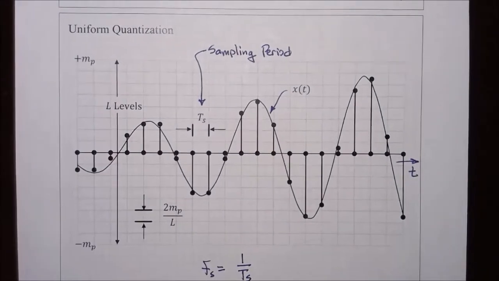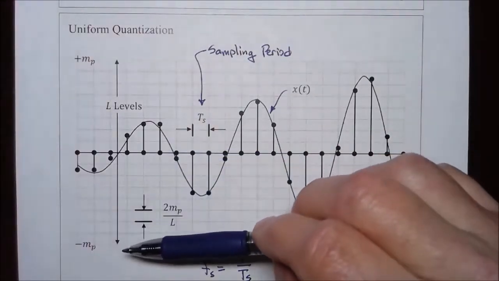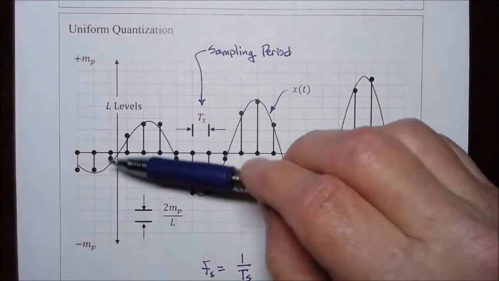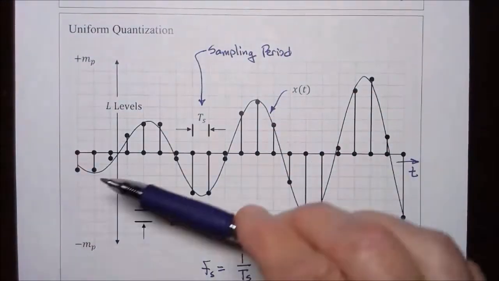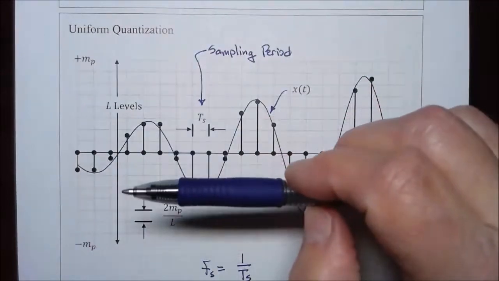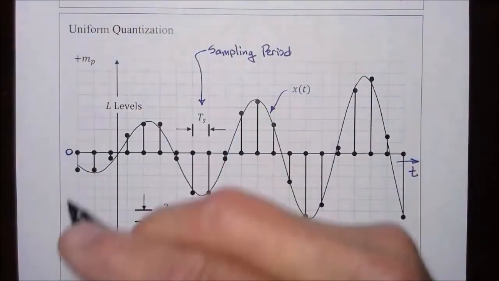We establish the standard values by defining the input range of the quantizer. This would be a voltage, let's say, and this is 0 volts in the middle.